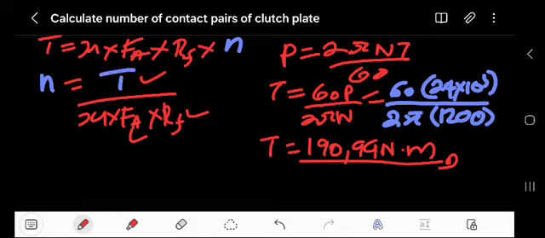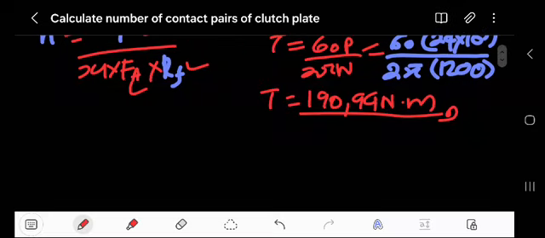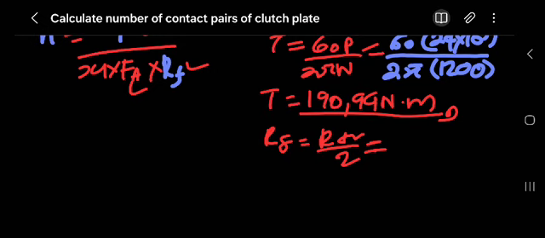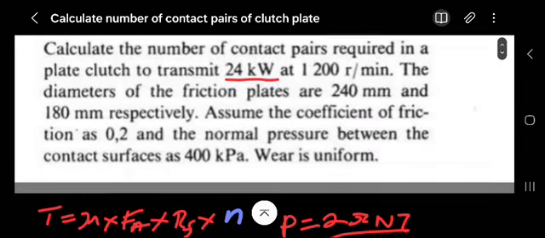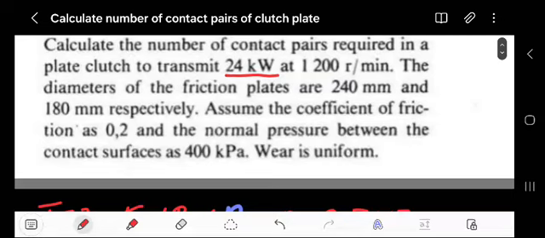Let's find RF now. For argument's sake, RF equals R plus r over 2, since it's uniform wear. What is our R? The outer radius is the big one here.